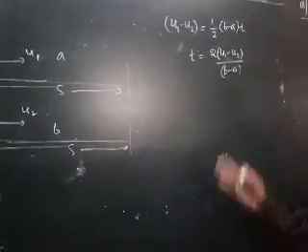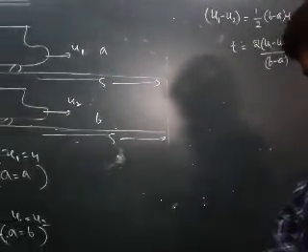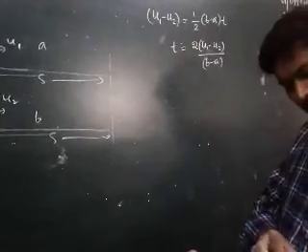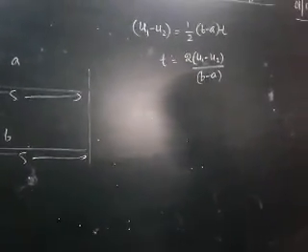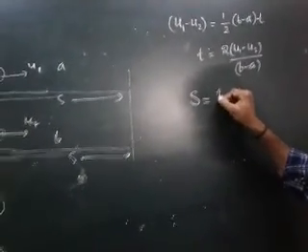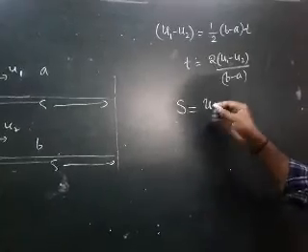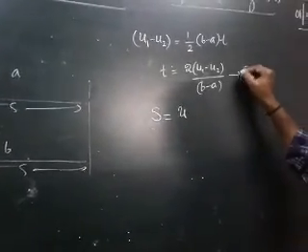The two cars are reaching the same destination, but the question asks: what is the range of this? Range means distance. Therefore s is equal to u1t plus half a t square. You can consider any one equation. This is equation 3.